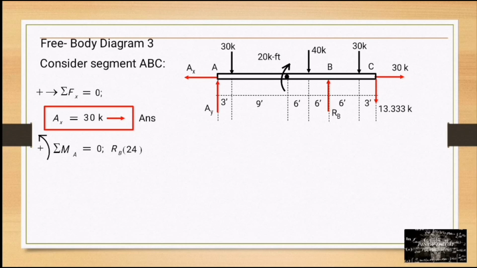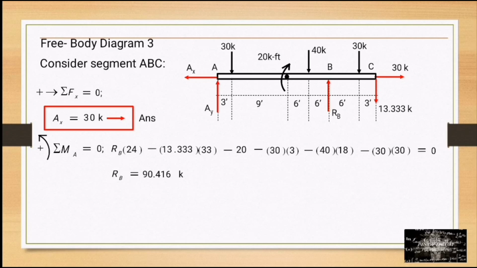So, RB times 24 minus 13.333 times 33 minus 30 times 3, minus 40 times 18, minus 30 times 30 is equal to 0. So, ang RB natin is equal to 90.416 kips. So, this is upward. So, correct yung assumption natin.